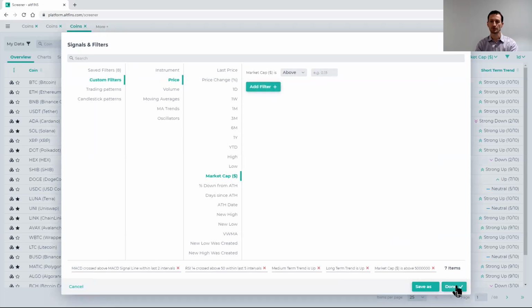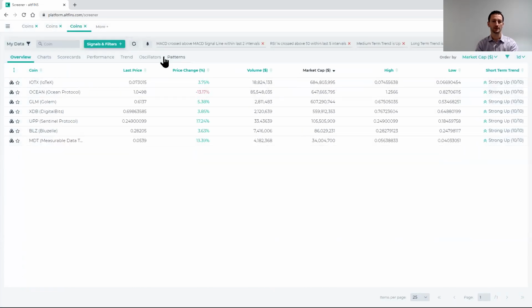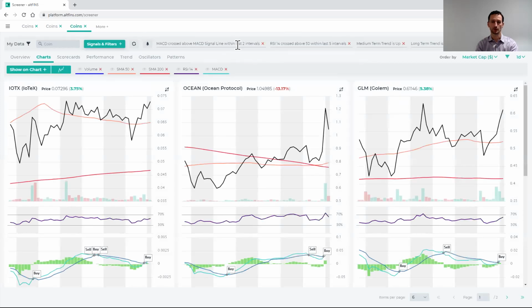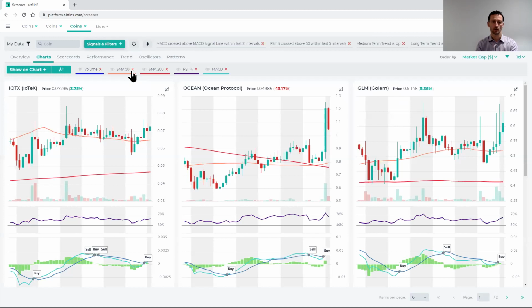All right, so we're down to 7 coins that satisfy this improved momentum in an uptrend strategy filter. Let's take a look at the charts, because I want to make sure you are aware of this additional trick.